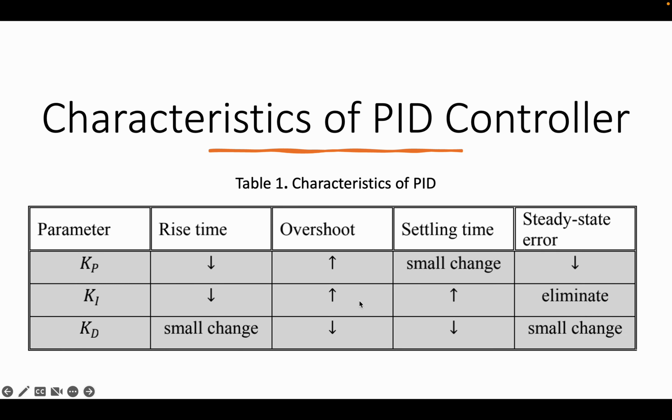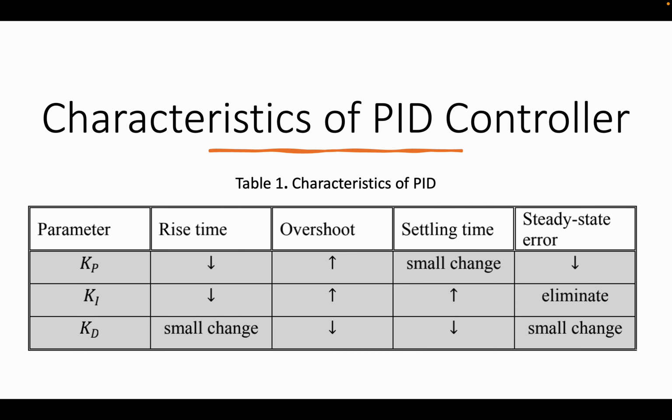So after we get the transfer function of the DC motor, we can find the controller. We can design the controller, which is the PID controller and the MPC controller. For the characteristics of the PID controller, we know that Kp and Ki decrease the rise time, and Kd makes a small change to the rise time.